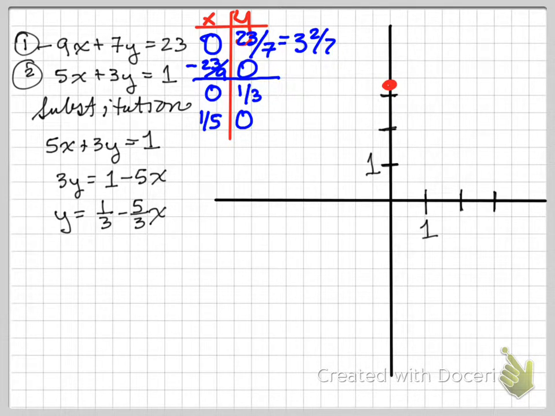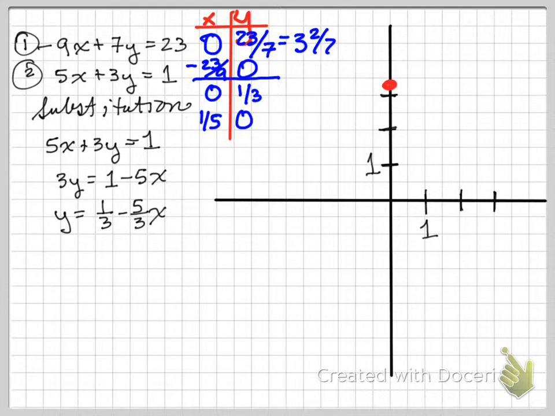And then the other one is negative 23/9. So negative 23/9 is equal to negative 2 and 5/9. So I'm at negative 2 and 5/9 on the x-axis, and it'll be 0 on the y-axis.